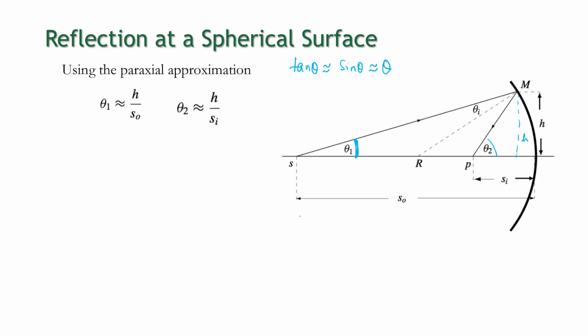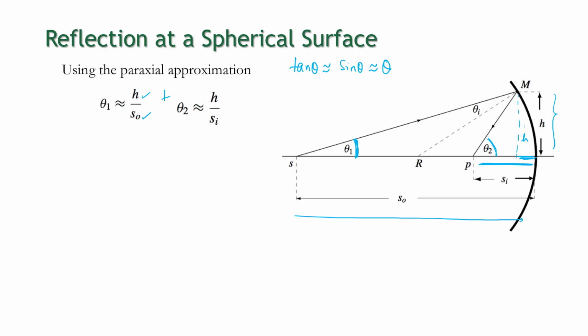This distance, we consider to be pretty close to the center, so we'll neglect this distance. So we'll just say theta 1 is height over S naught, opposite over adjacent. Similarly, theta 2 would be h over Si, considering this is a small distance.